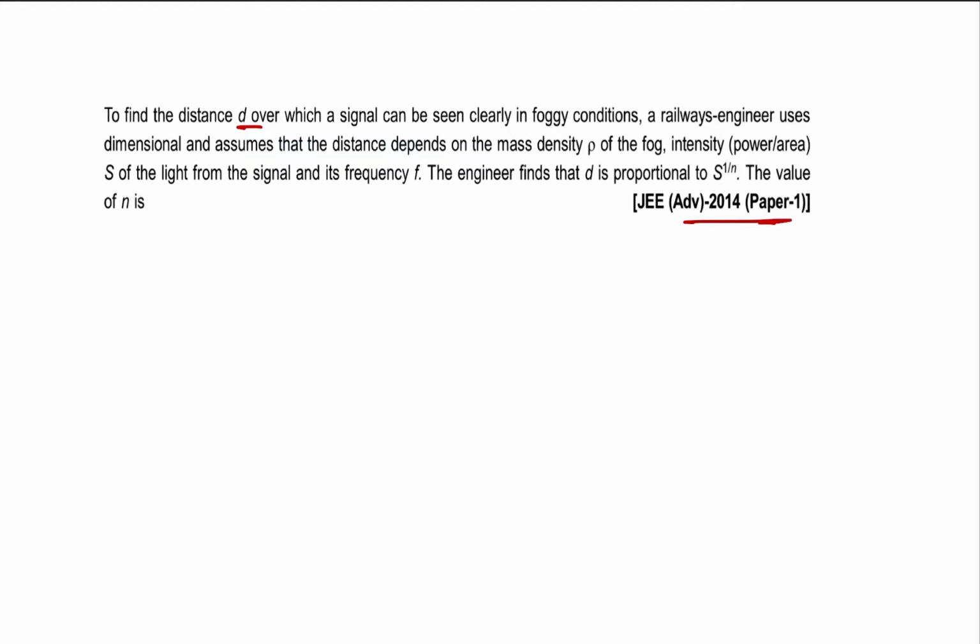To find the distance D over which a signal can be seen clearly in foggy conditions, a railways engineer uses dimensional analysis and assumes that the distance depends on the mass density rho of the fog, the intensity (power by area) represented by the letter S of the light from the signal, and its frequency f.